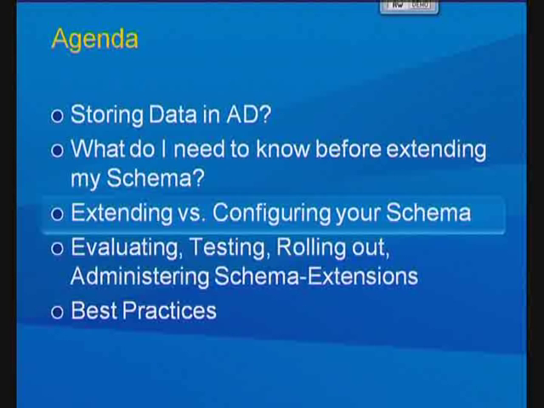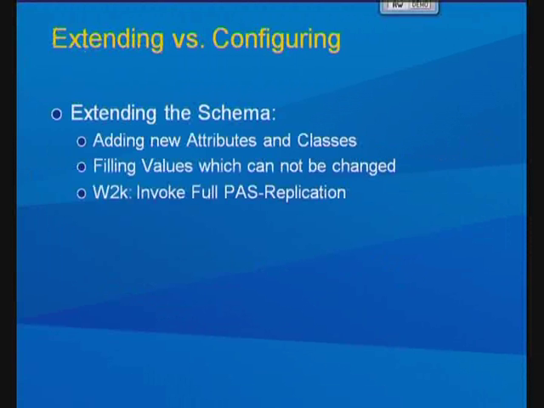Okay, let's talk a quick moment about extending versus configuring your schema. This is actually a definition I made up, and I hope that's okay. Extending the schema, in my eyes, is adding new attributes and classes, and filling values in there, which can't be changed.